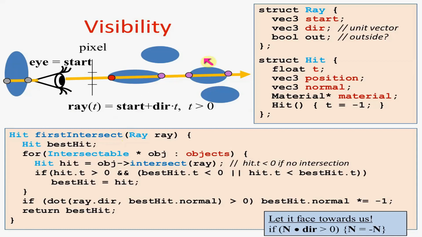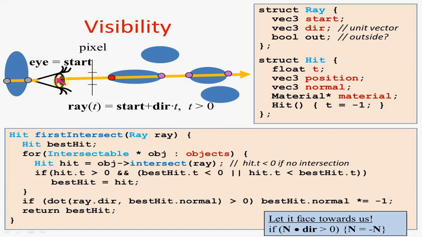A ray is defined by its start and direction. When transparent objects are also considered, it is useful to store whether the ray is inside the object or not, so whether we have to use the index of refraction of the material or its reciprocal when the ray arrives at the surface from the inner part.